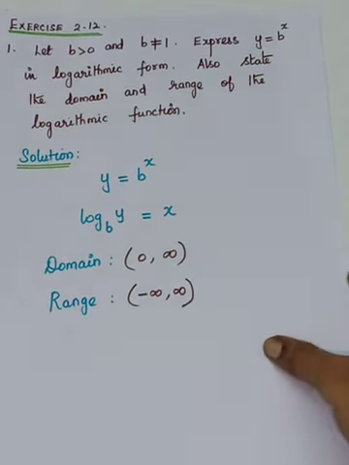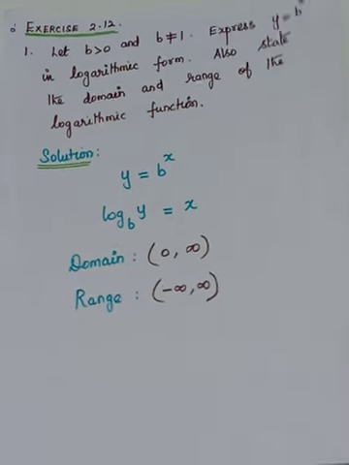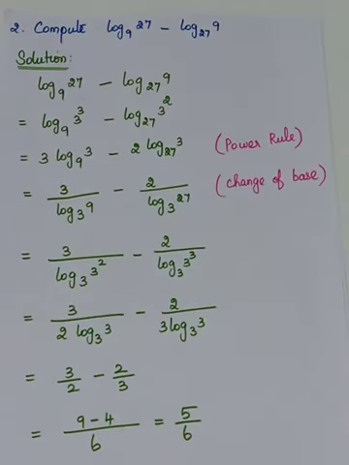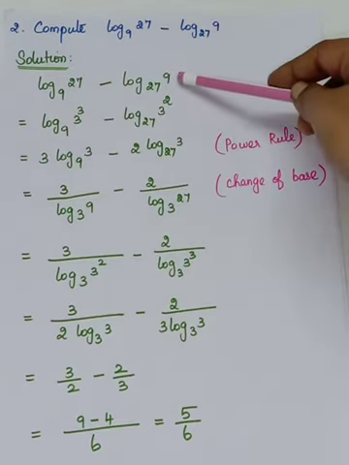So see the second problem. Compute log 27 to the base 9 minus log 9 to the base 27. You have to find the answer. Now I consider the result.